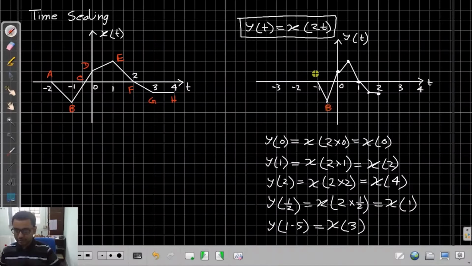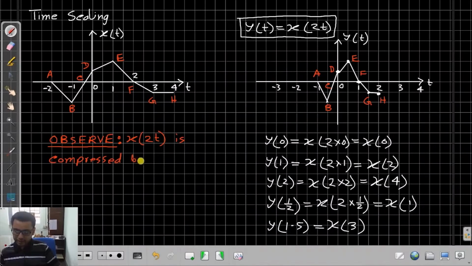This will be point B, this is point A, this is point D, point C is here, point E, point F, G, and H. So you observe that x of 2t is squeezed, is compressed by a factor of half, because we have multiplied t with a factor of 2.